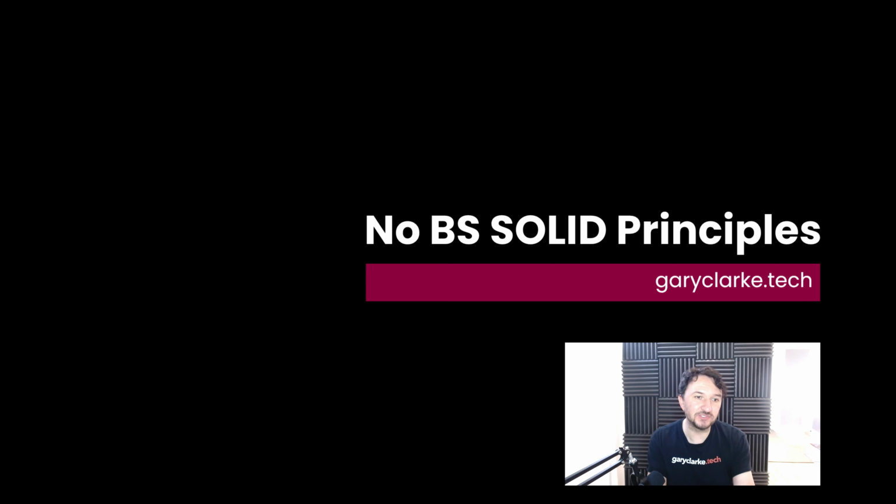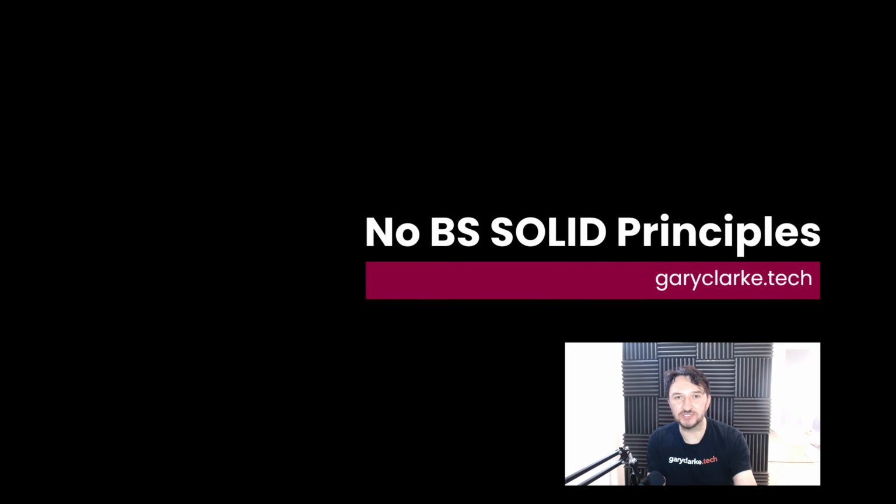I'm going to work backwards from the actual problems that the SOLID principles exist to solve, and then at the end of it we'll revisit the name or the description and say, can we reword it? Do we understand what this actually means now?